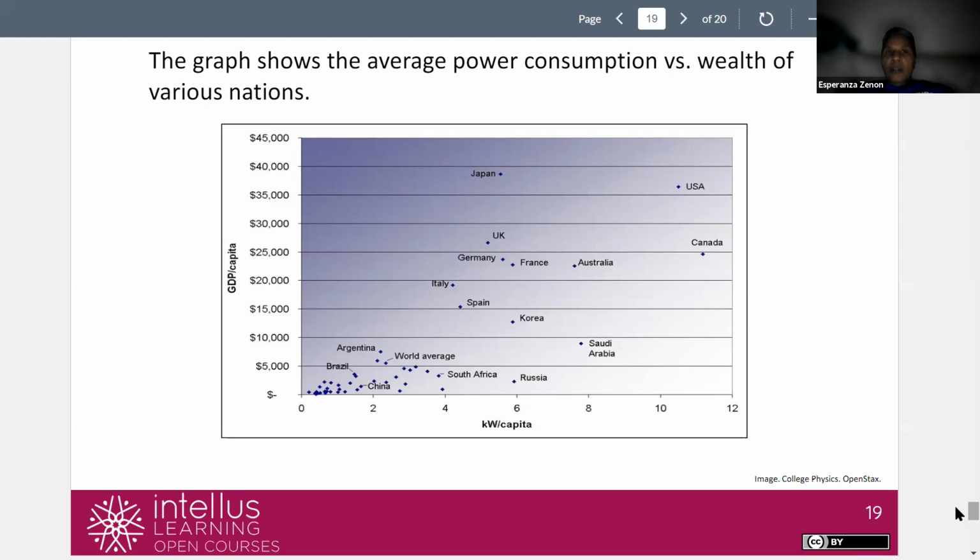And that says something about the more money you have in a country, the more power you're using. In other words, you're responsible for a lot of the energy use that's taking place worldwide.